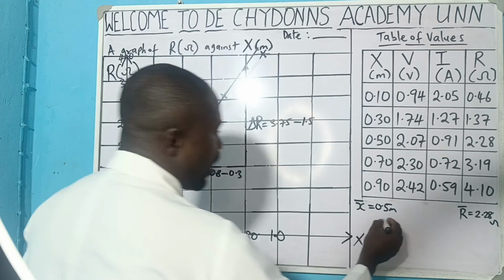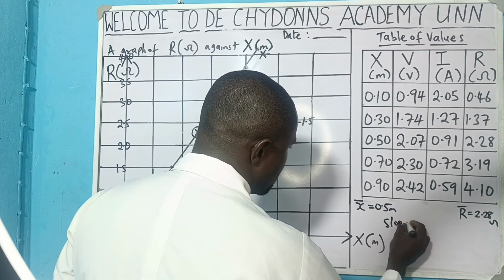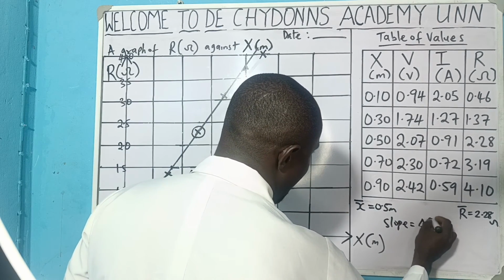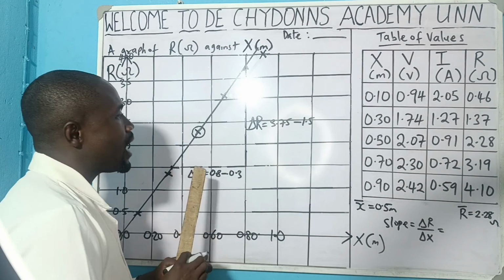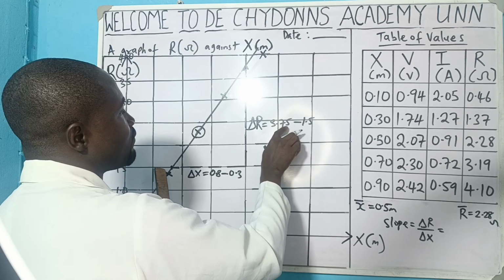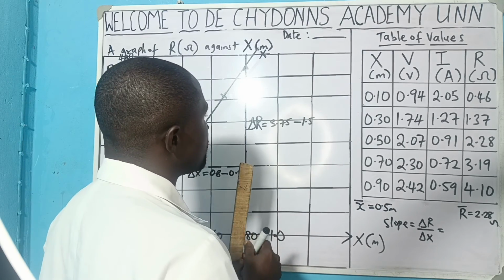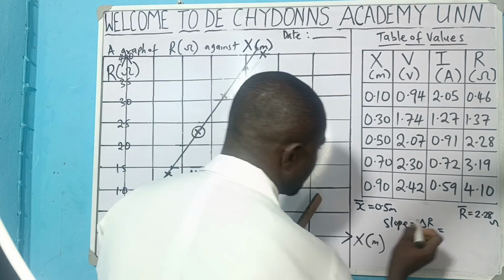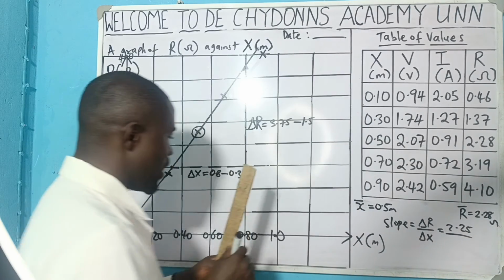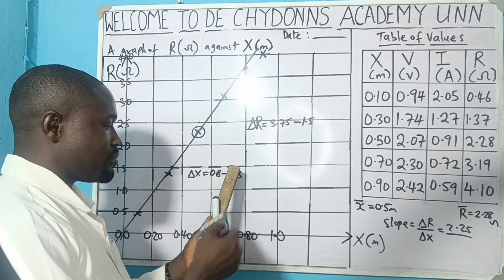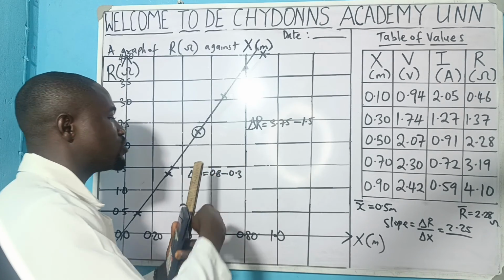Remember, our slope becomes change in r all over change in x. Change in r, 3.75 minus 1.5, that will give you 2.25, all over 0.8 minus 0.3, that will give you 0.5.